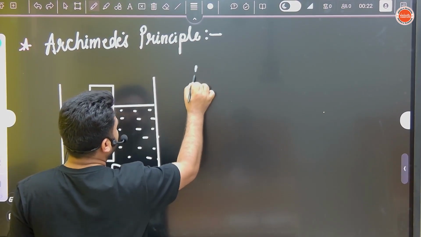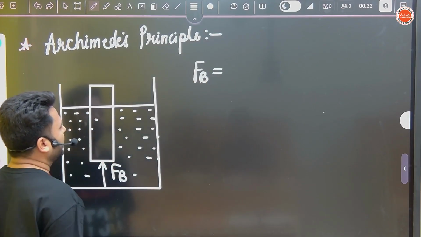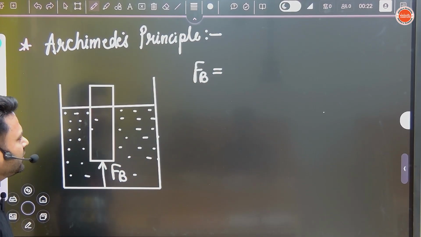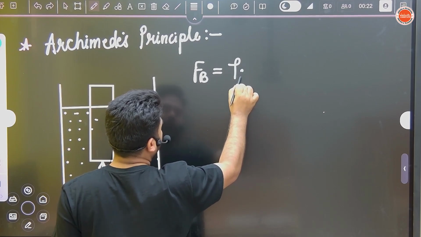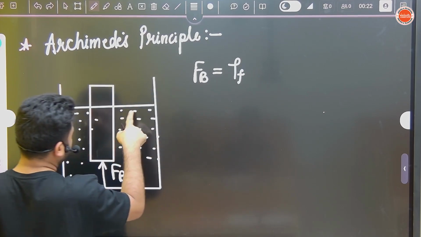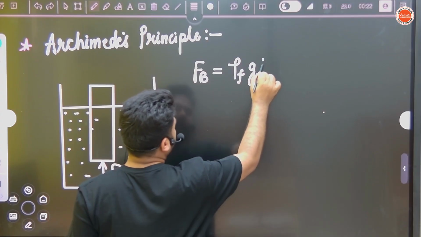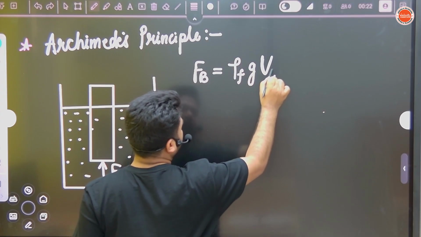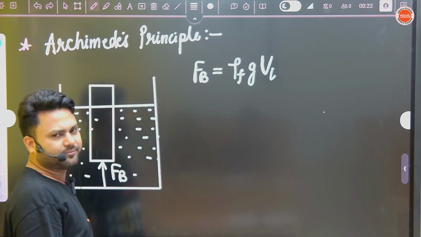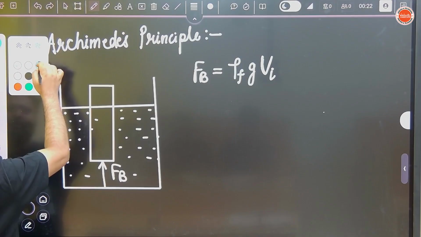What is the value of the upward force? The value of the upward force is density of fluid, multiplied by g, multiplied by the volume of the object inside the fluid, V_i.